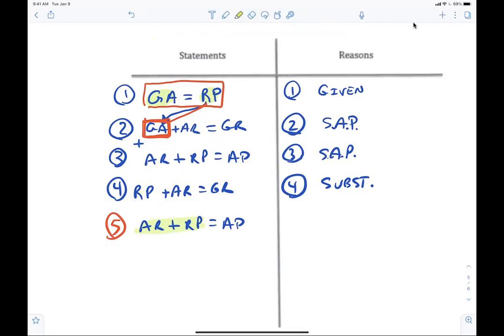I'm highlighting this right here. Aren't those two exactly the same statement right here? Isn't that the same statement? So I can replace it with what? AP plus AR equals what? AR plus RP equals what?